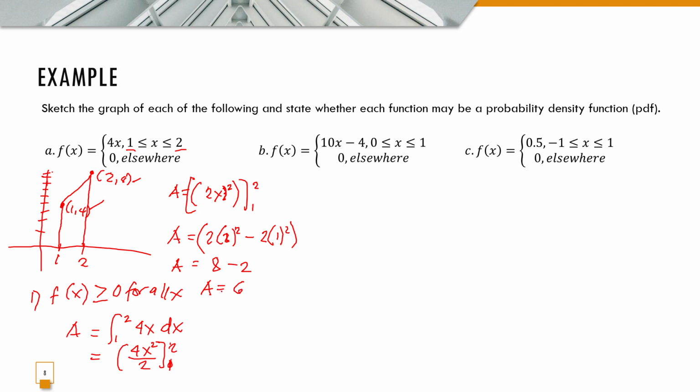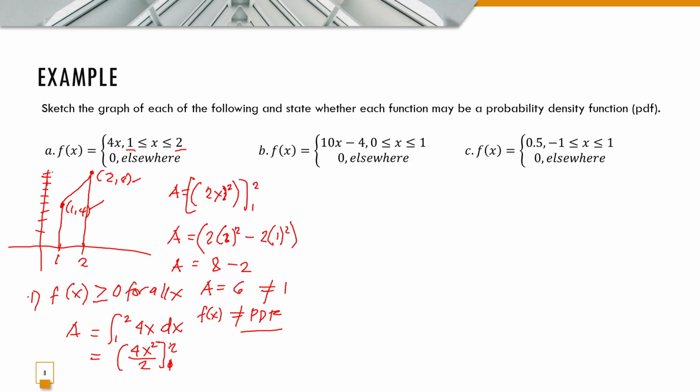So the area under the curve is not equal to 1. Therefore, f of x could not be a probability density function because the area is equal to 6.